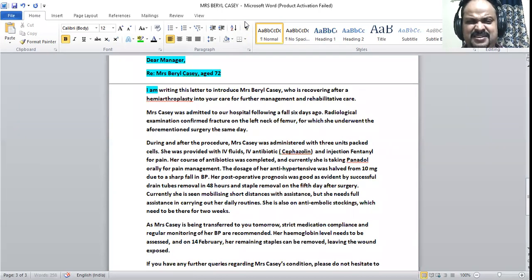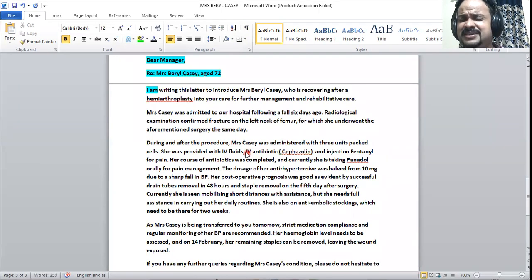Yes. So we have given these blood transfusion, IV fluids, antibiotics, fentanyl, then Panadol, then Ramipril was halved. So the medication segment is clear here from this part to this part. These supports are here. Now let's see this particular area, her post-operative prognosis.